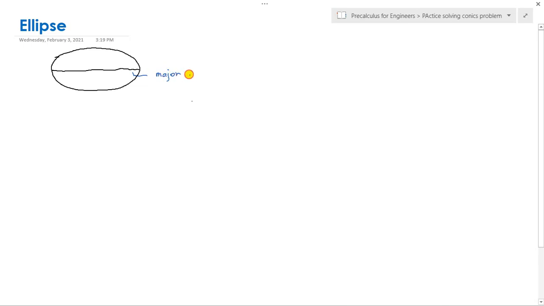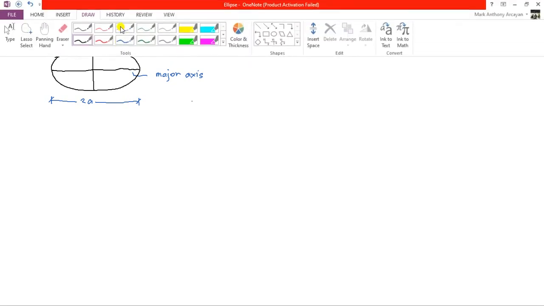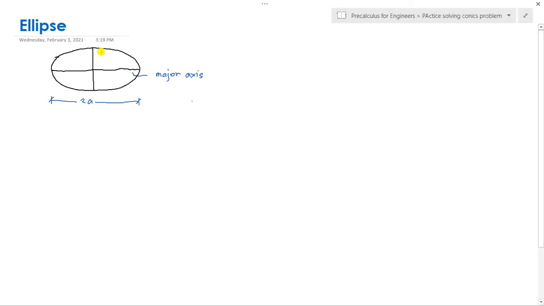So major axis, ang iyang measurement is 2a, and then naa siya gamay nga axis nga naka-vertical ang orientation, and we call that small axis as the minor axis.